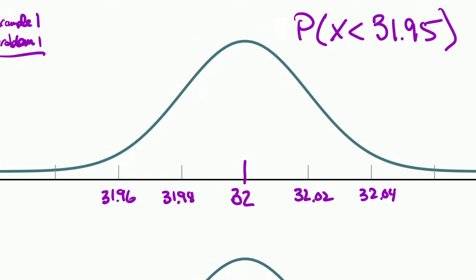On my normal curve, I'm going to mark where 31.95 would be. Notice that it's a little bit below 31.96. And then I'm going to shade the appropriate area that represents that probability.